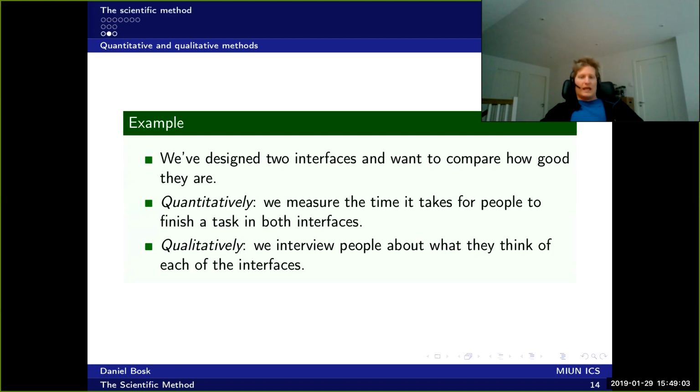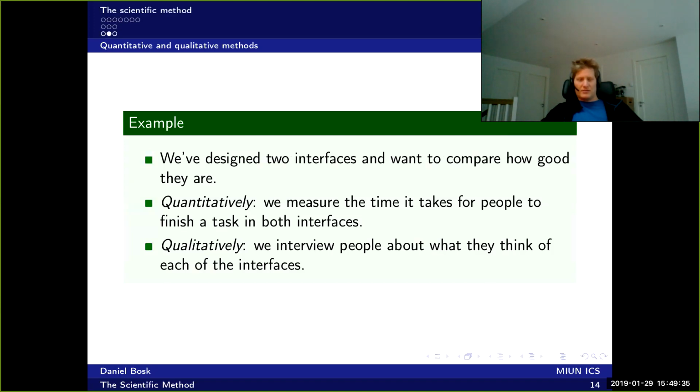Quantitatively, we can measure this by measuring the time it takes for people to finish a task in each of these interfaces, and obviously the interface where they perform the task faster is how we define the term better in this case. So we simply have a few users and we let them use this interface.